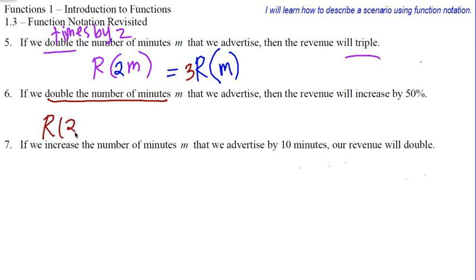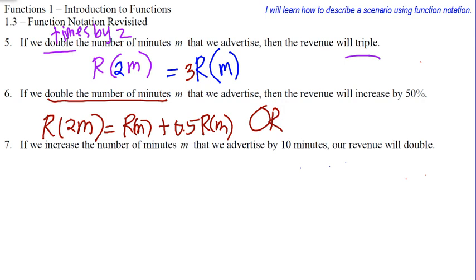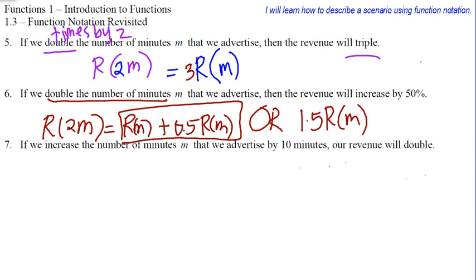We have R of 2M equals R of M plus 0.5 R of M. Or for this part, you could also say 1.5 R of M. So if it was 2 times R of M, that increases by 100%, but it's not increasing by 100%, so it's not 2, it's 1.5.